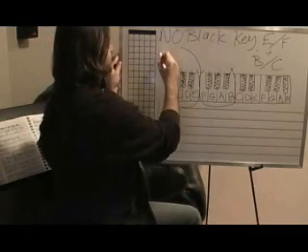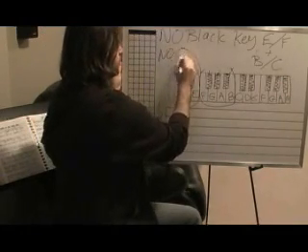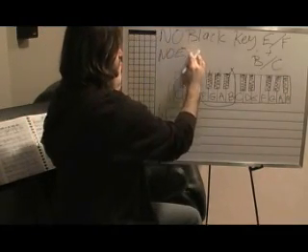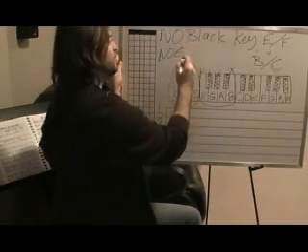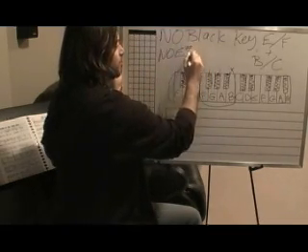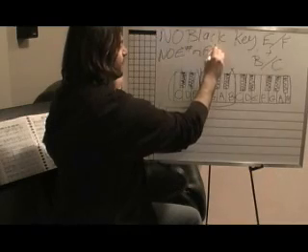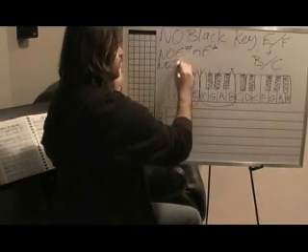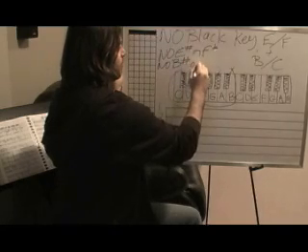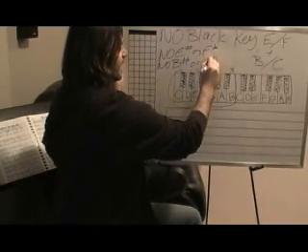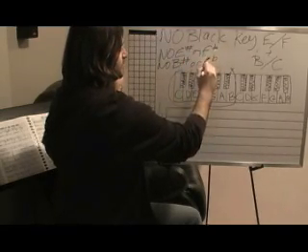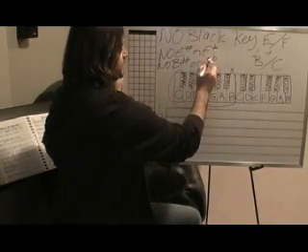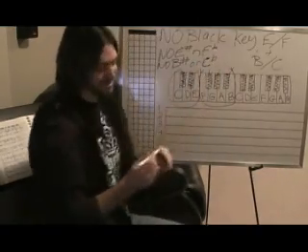It means that there is no... Let me get rid of that stem. There's no E sharp or F flat. And there's no B sharp or C flat. It's a really ugly C, but whatever, you get the idea, okay?